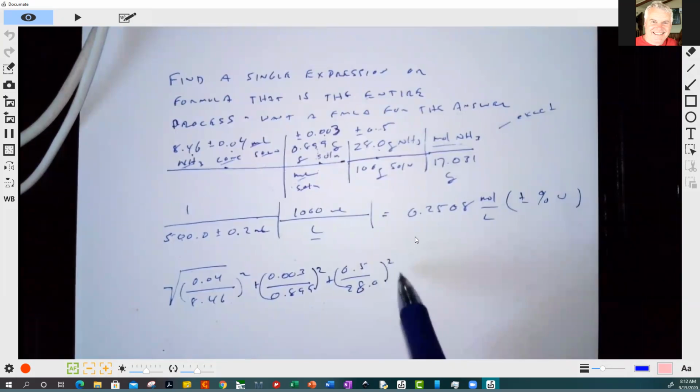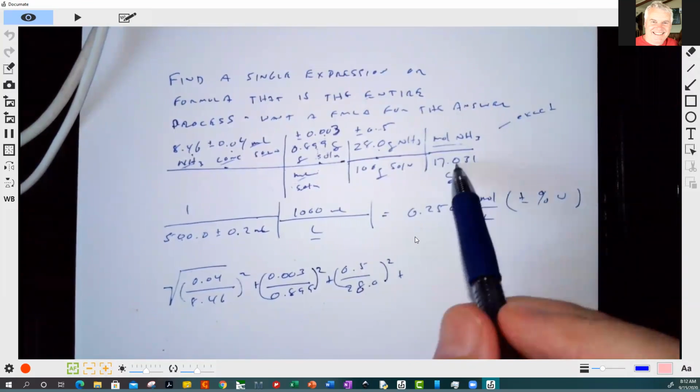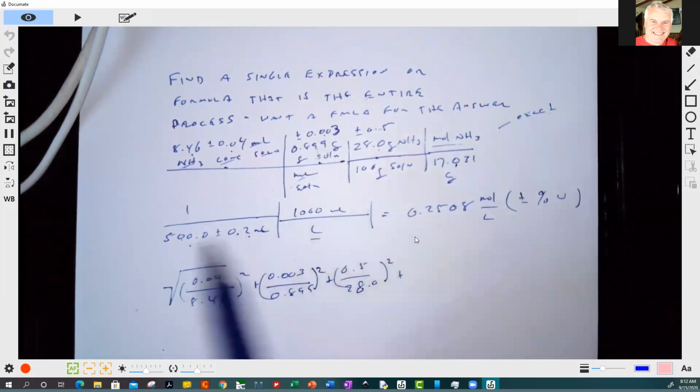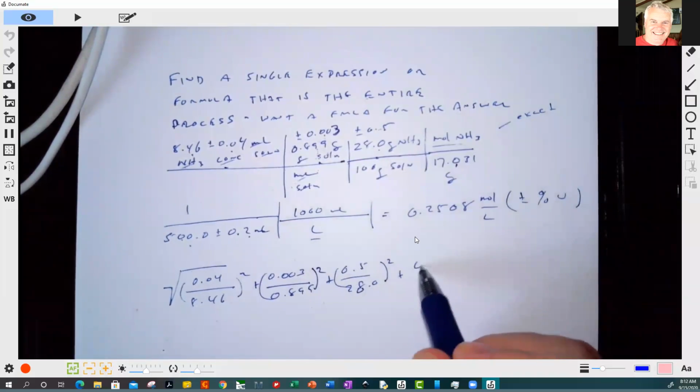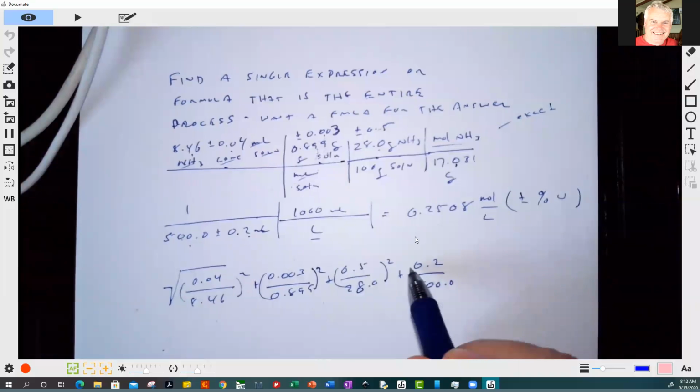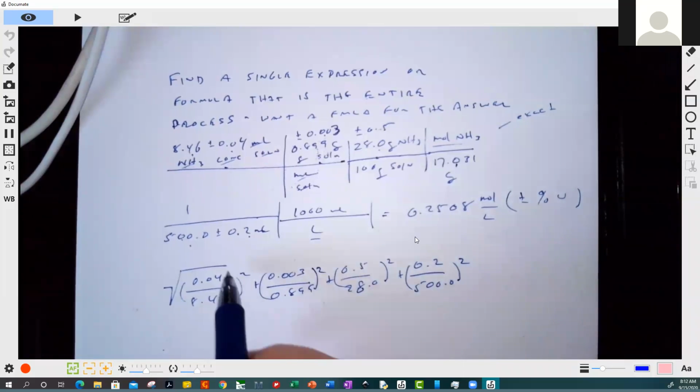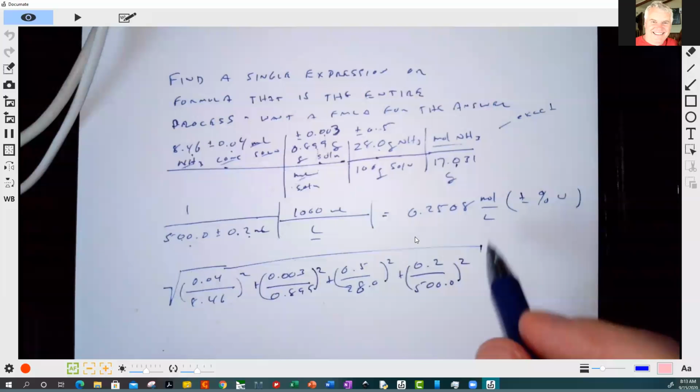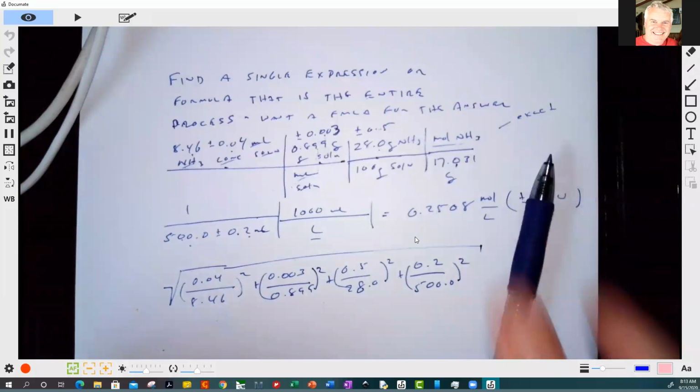Okay. And then that's exact. And then this over this. And we'll take the square root of all of these. And this will be the relative uncertainty in the answer.